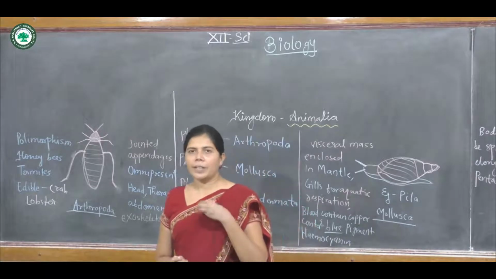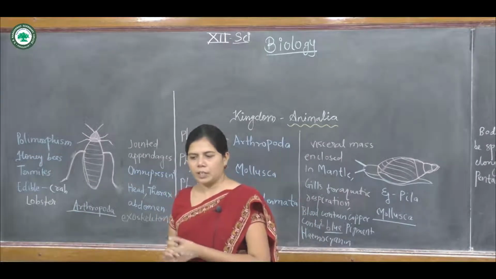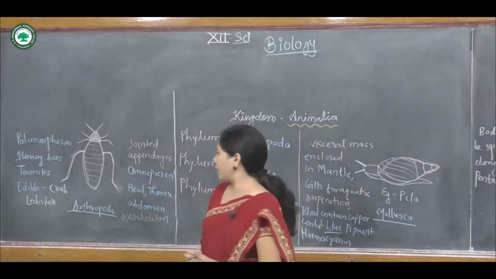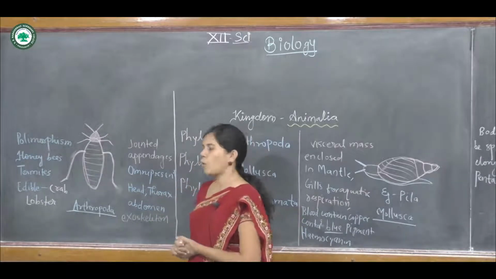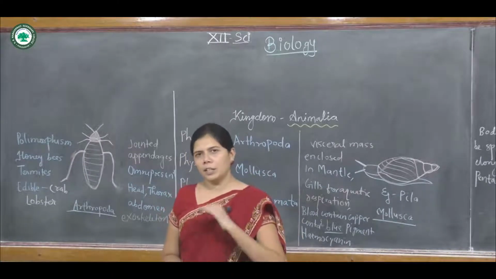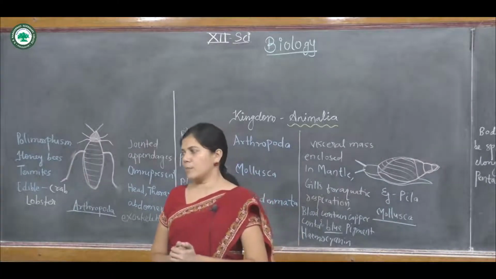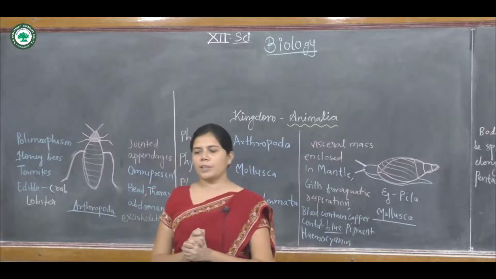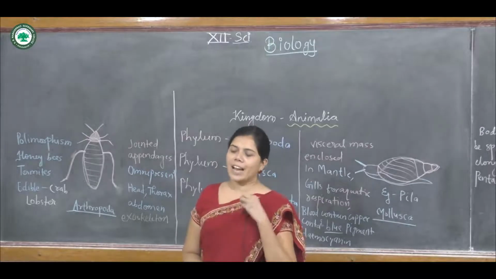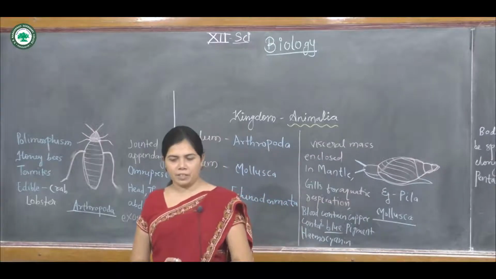They need periodic molting. The body is divided into head, thorax and abdomen. From the phylum Arthropoda onward, in the higher phylums the body is divided into head, thorax and abdomen. The digestive system is complete.